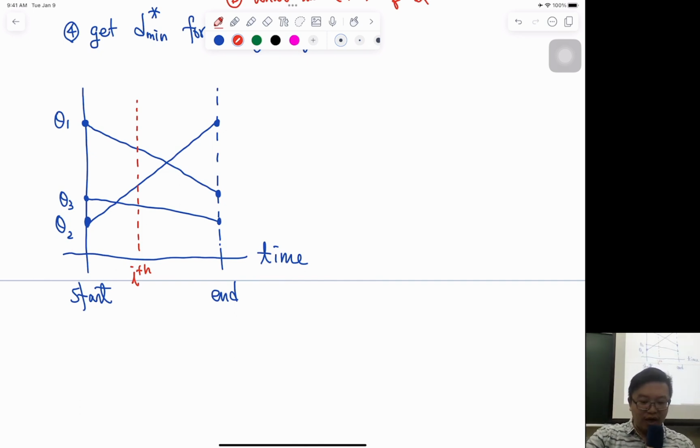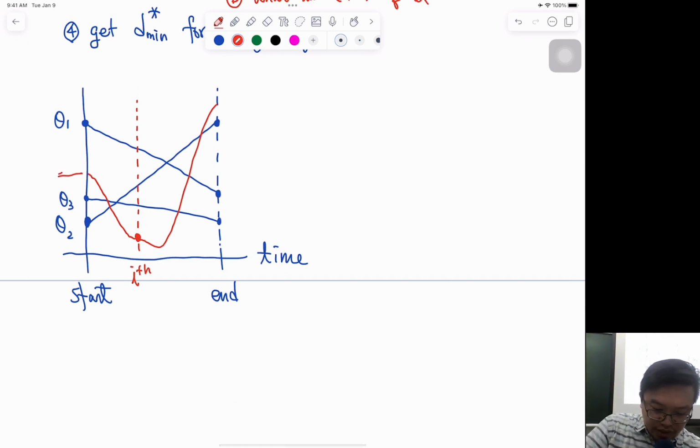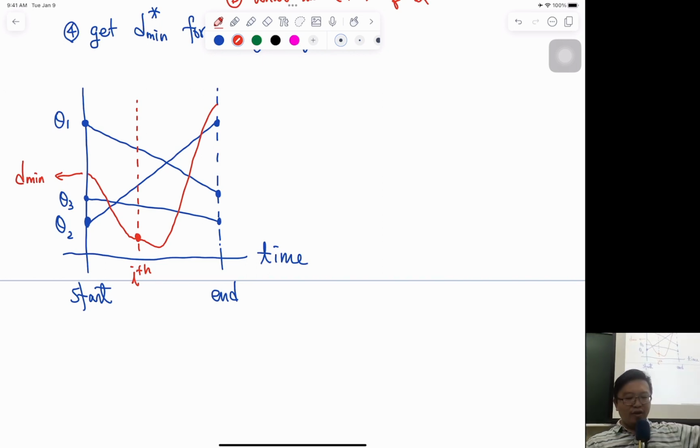I keep on doing this, and I realize the shortest distance could be something like this. If I did all the calculation for every ith configuration, I'm able to draw a curve like this. By the way, this is shortest distance, a different unit. Blue one is angle, red one is distance.